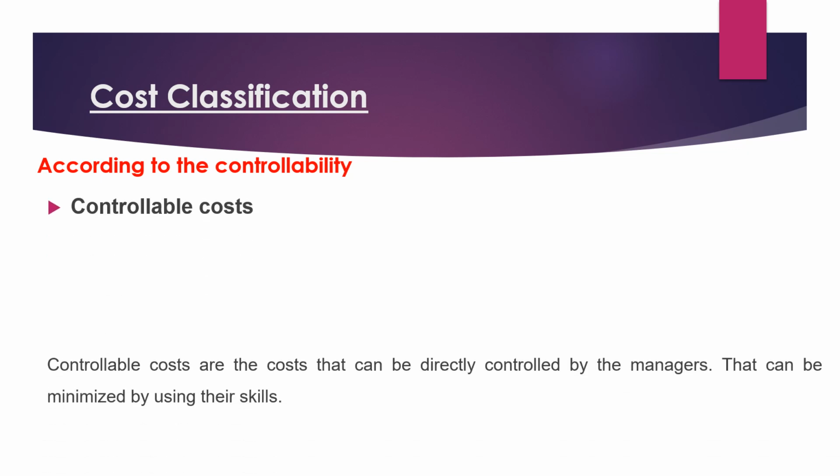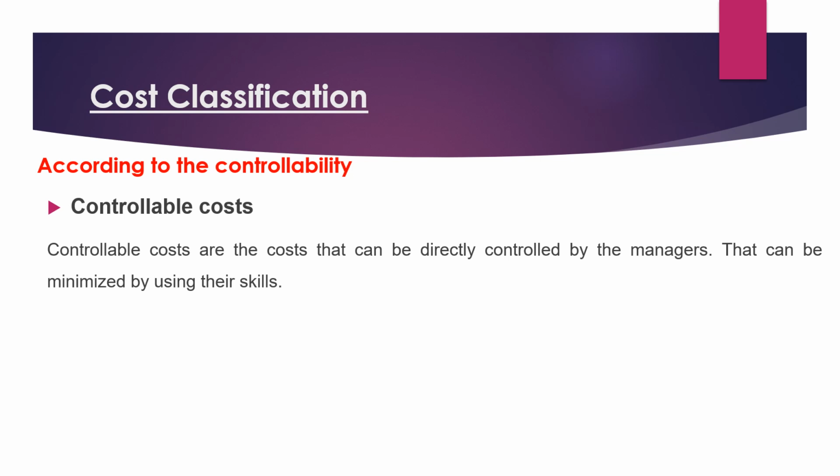Cost can be further classified based on controllability into controllable as well as uncontrollable cost. Controllable costs are the costs that can be directly controlled by the managers.